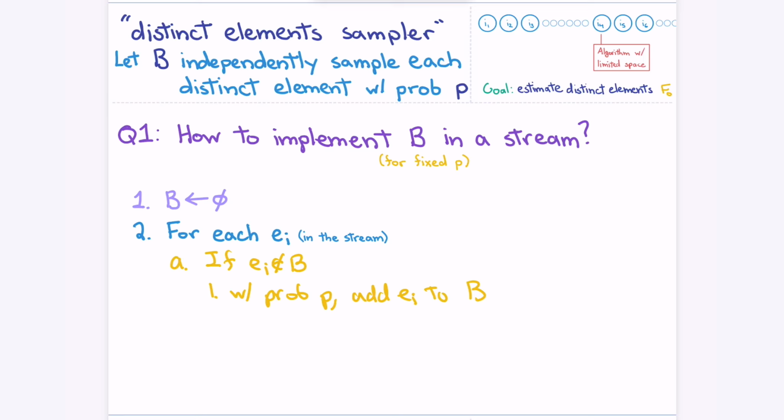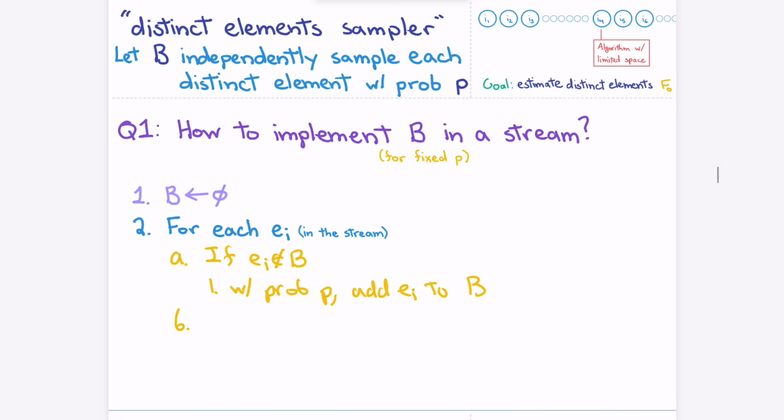I guess if you don't add it to B, you have to add it to a not-B set. But if you start adding e_i to not-B, that's going to take a lot of space. Yeah, remove it with some probability 1 minus p or something.